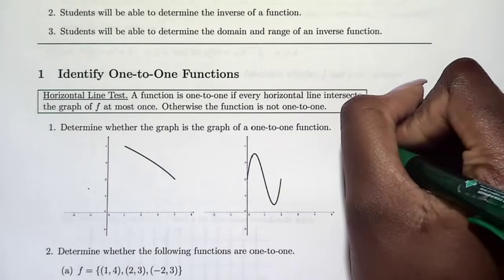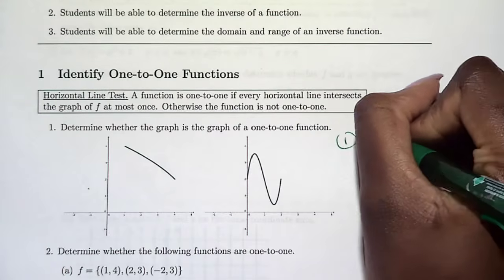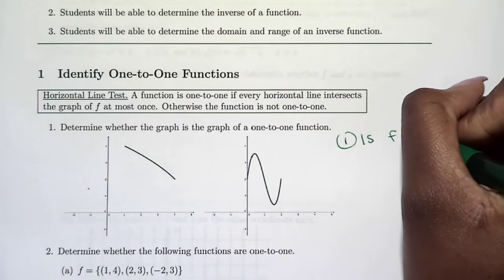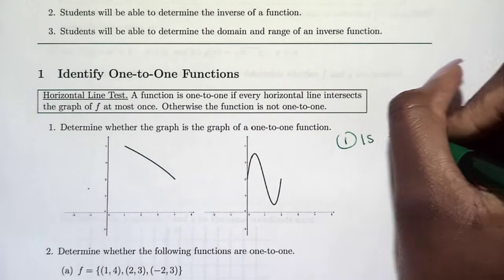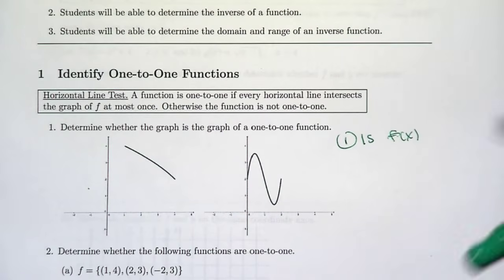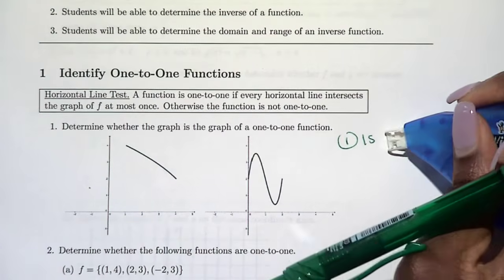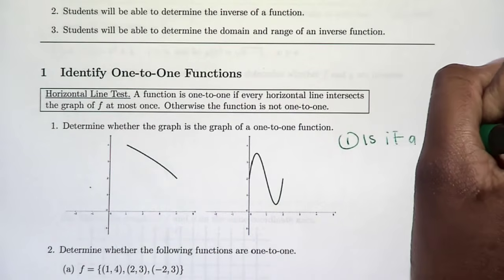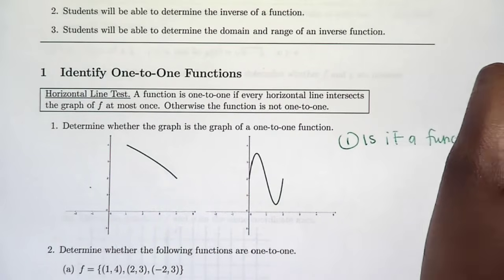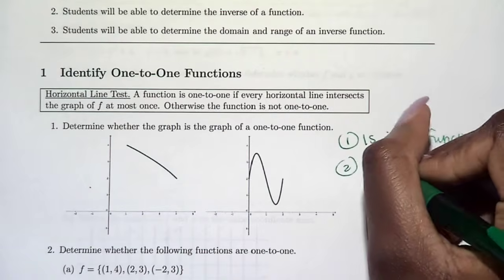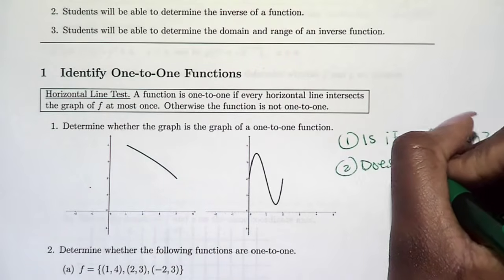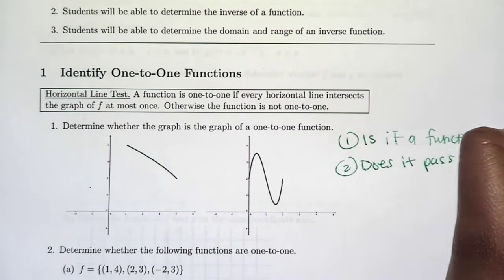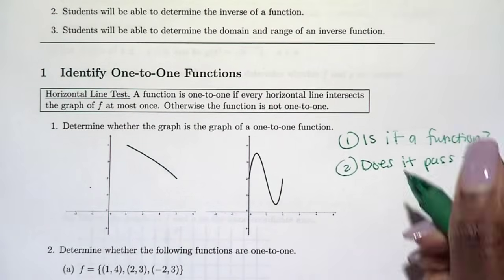One, we need to make sure it is a function. Maybe I don't want to say f of x because it could not be a function. So we'll say, is it a function? Does it pass the vertical line test? And second, does it pass the horizontal line test?